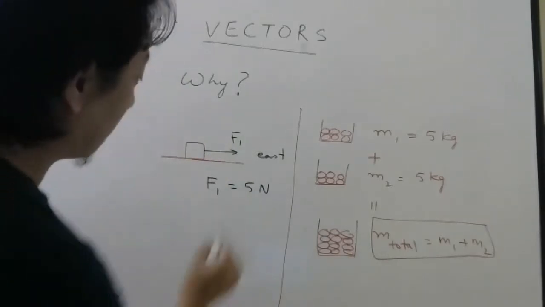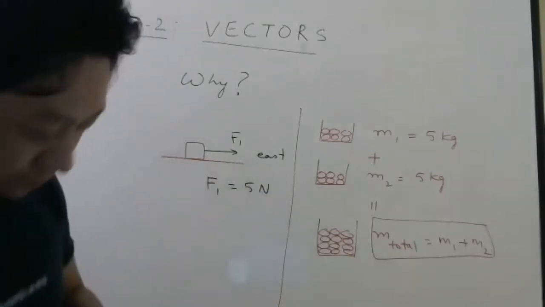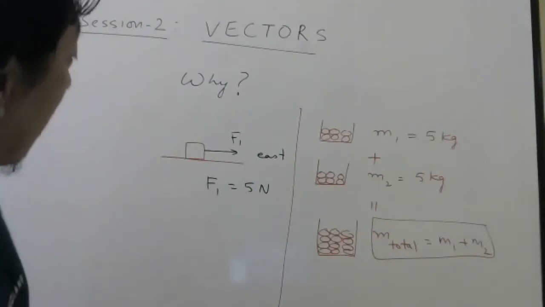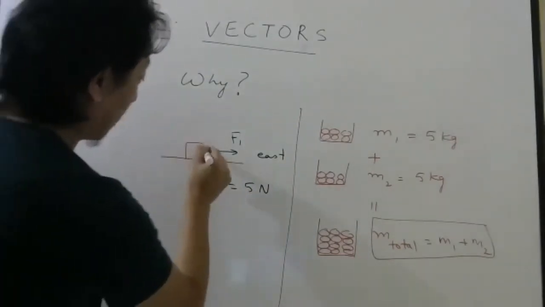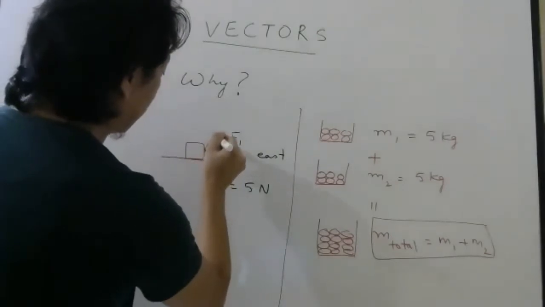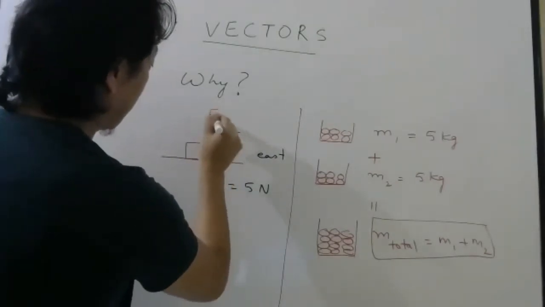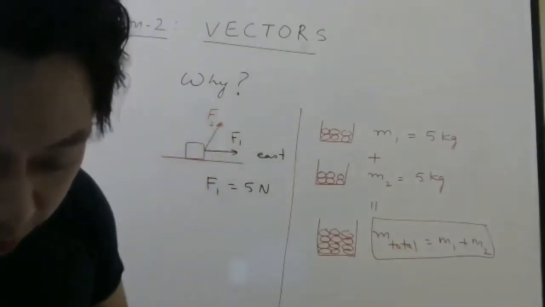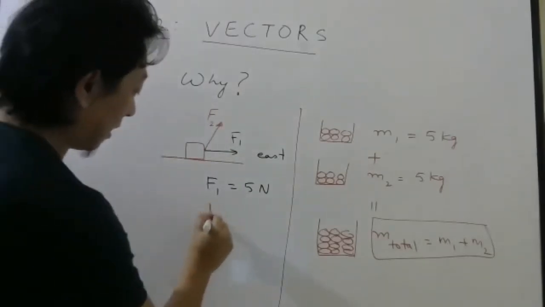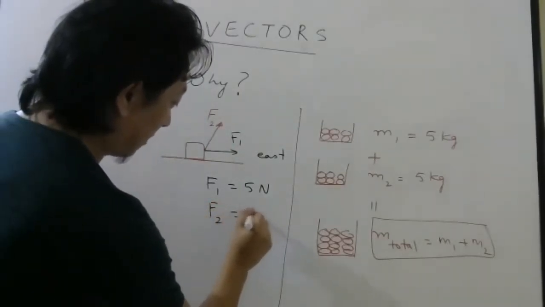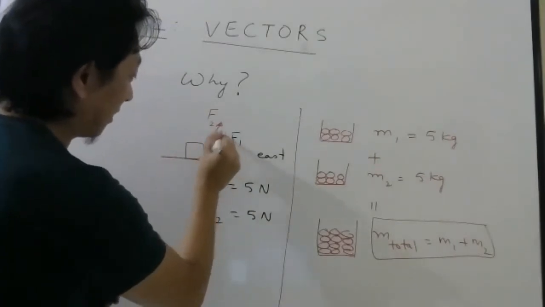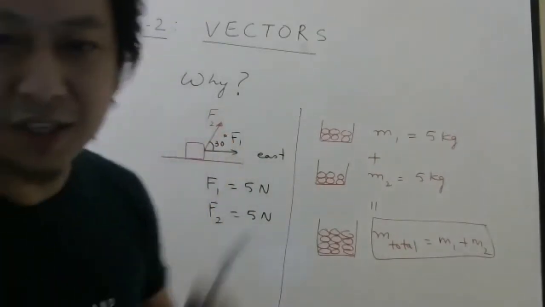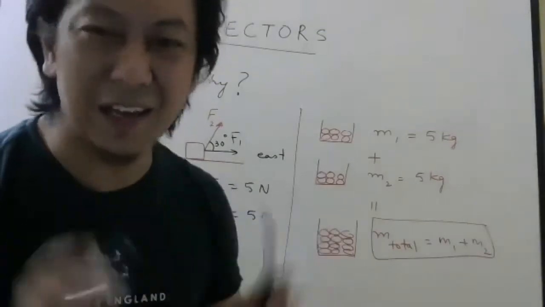That's it. This is the value of the force. And let us say one of you applies on the object another force in this direction. That is F2. You are also applying the same force, 5 Newton. But the angle at which you are applying is 30 degree, let's say. 30 degree, 60 degree, 90 degree, any angle.